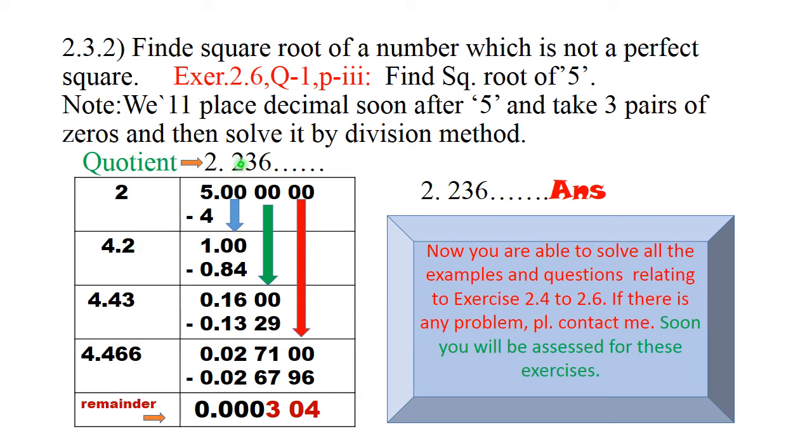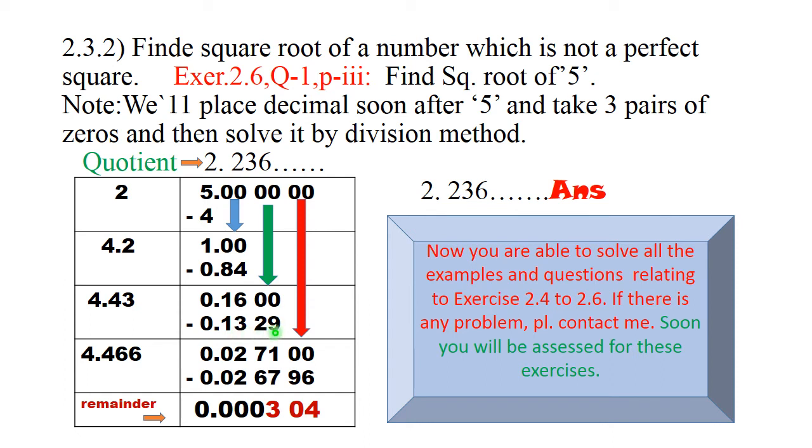Again, twice the digit at unit place in index 2, we get 4.4. Now we try another digit at the unit place to satisfy this requirement, and that is 3. Now multiplying 4.43 with 3, we get 1.329, or 0.01329.